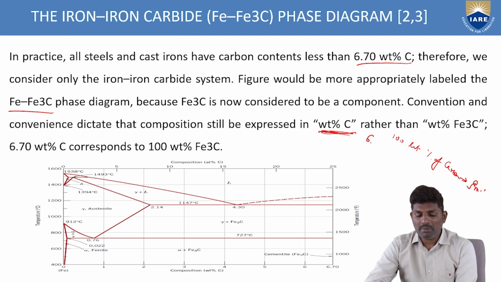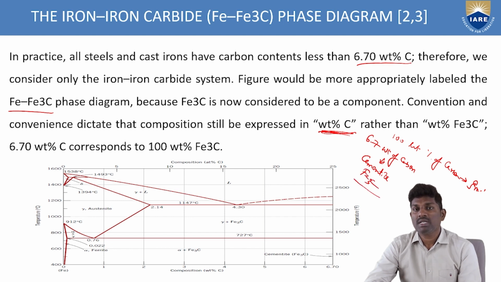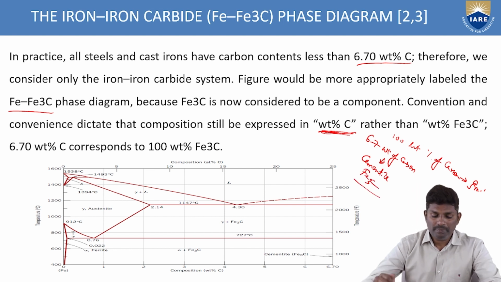But since it is up to 6.70 weight percentage of carbon, that's why it is called cementite, that is Fe3C carbide. Okay, cementite.